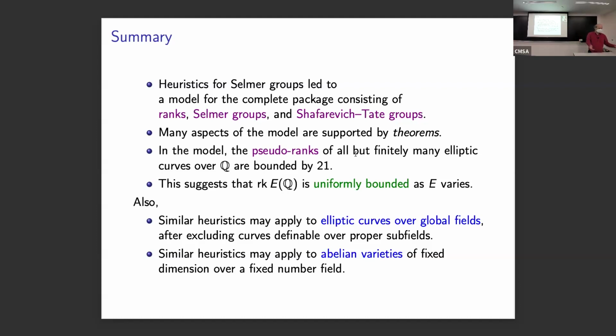You can also try to generalize this to higher dimension, to projective group varieties, which are called abelian varieties. If you look at abelian varieties of fixed dimension over a fixed number field, there are reasons to believe that the rank should also be uniformly bounded. Okay, so I'll stop here.